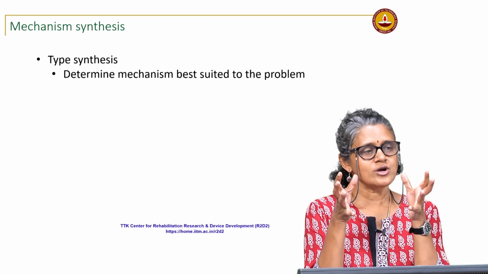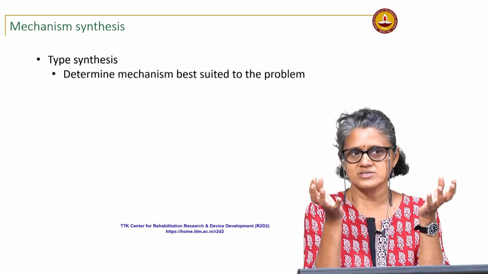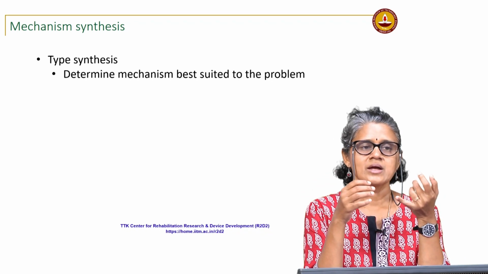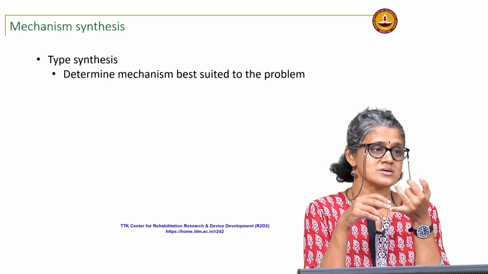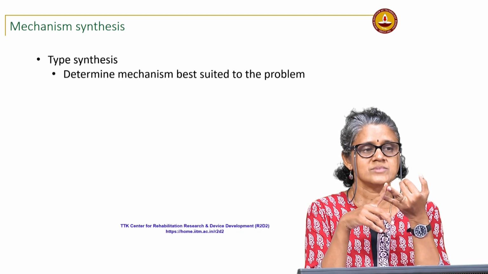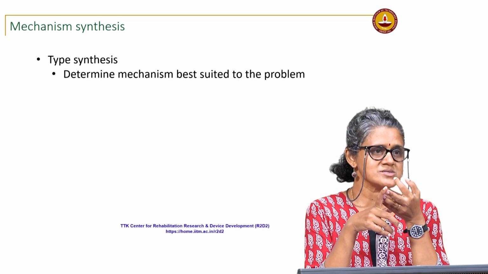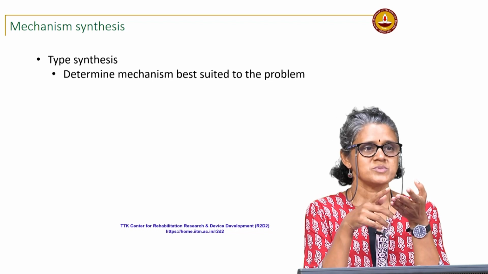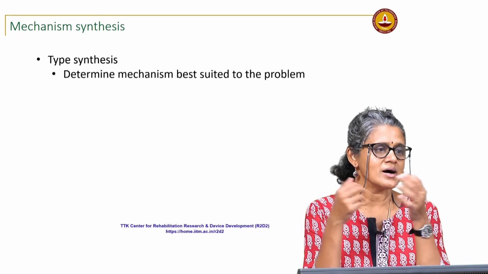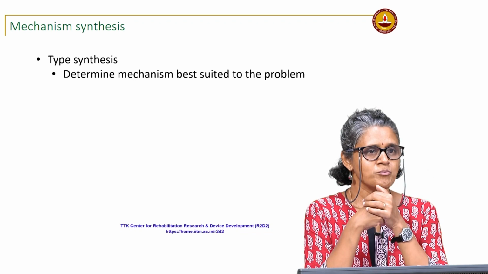So, the first thing you are going to look at is what kind of a mechanism do I want for this. It could be a linkage, it could be something that uses robots, it could be something that uses a conveyor, it could be something that uses a chain, a pulley, rope mechanism.